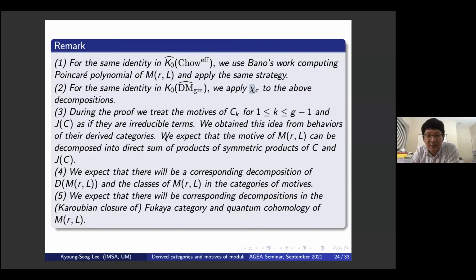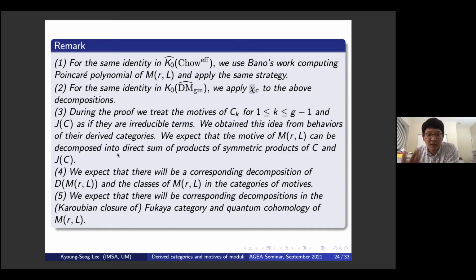We expect that for arbitrary rank R and line bundle, the motive can be decomposed in a similar way. Then we go to the derived category world. We expect there will be a corresponding decomposition of the derived category of this moduli space.